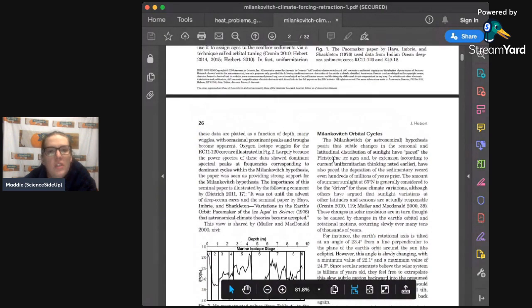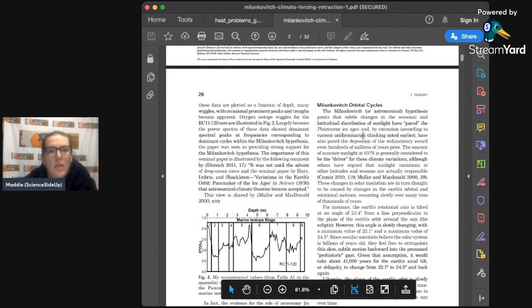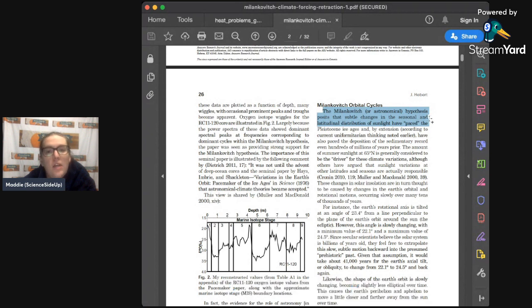Okay, so the Milankovitch orbital cycles, the Milankovitch or astronomical hypothesis, it's just called the Milankovitch cycles, my guy, like, please use the right terminology, posits that subtle changes in seasonal and latitudinal distribution of sunlight have paced the Pleistocene ice ages, and by extension, according to current uniformitarianism thinking noted earlier, have also paced the deposition of the sedimentary record even hundreds of millions of years prior.